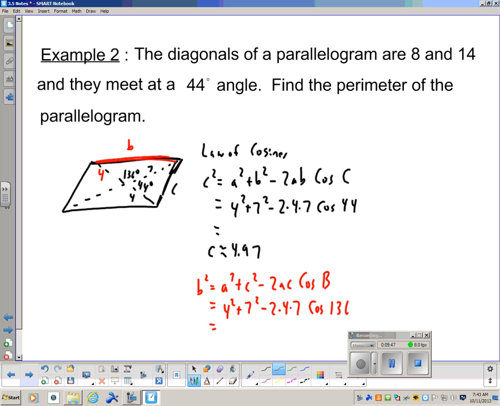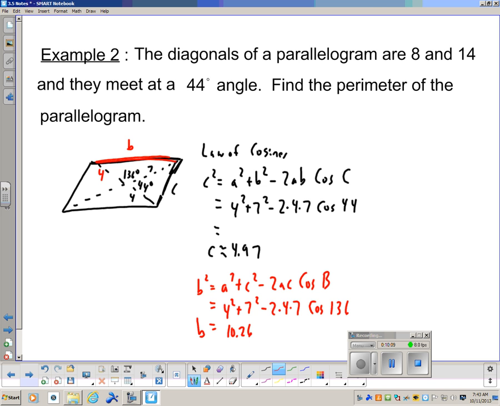Now notice this time we're using cosine, not sine. And then I've got to remember to take the square root of my answer. And so B ends up being 10.26.